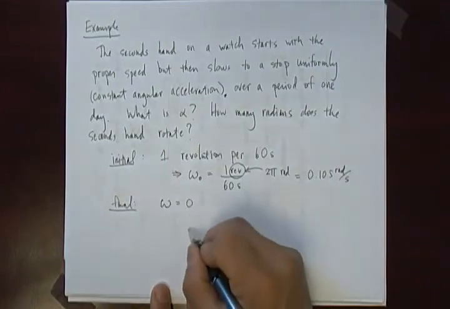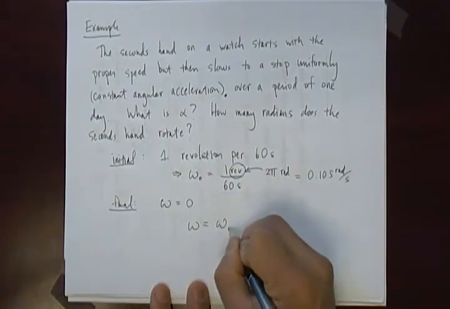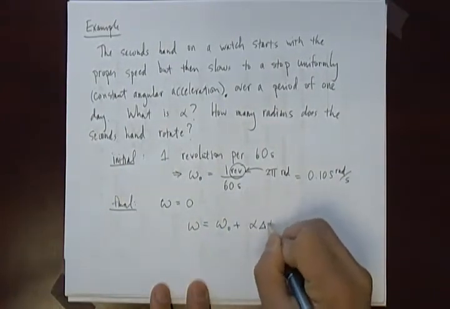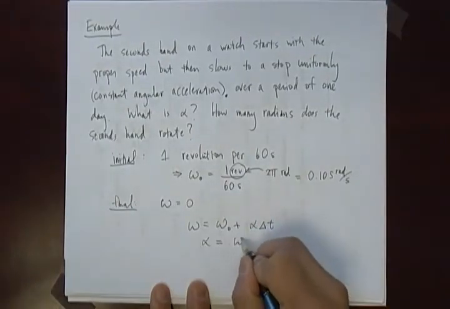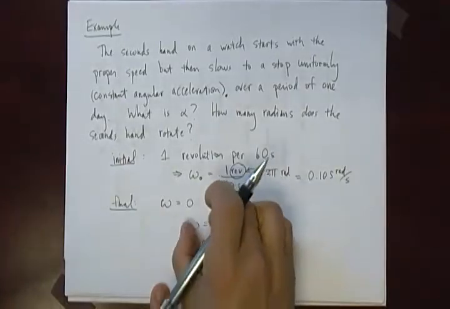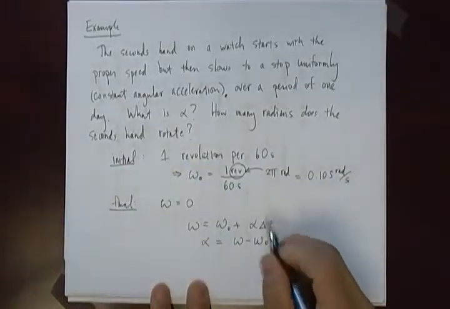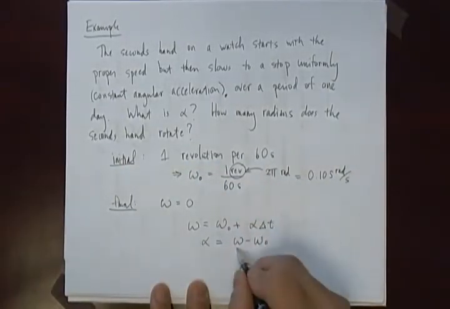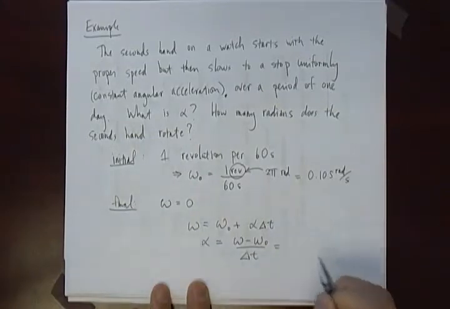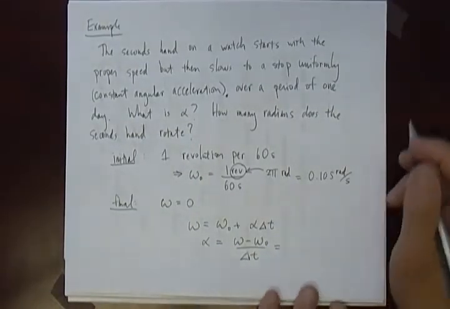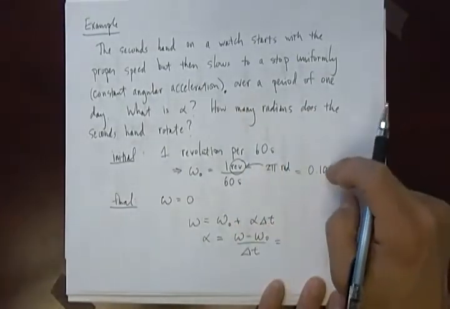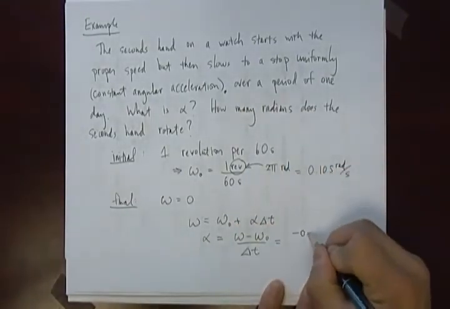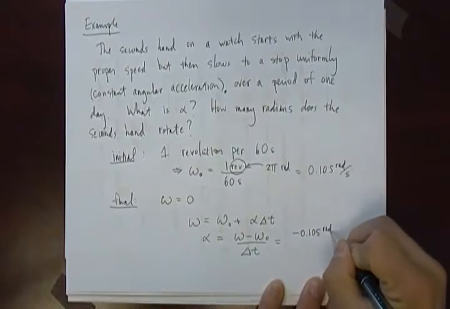Alright, so let's do that. Omega is equal to omega naught plus alpha times delta t. So alpha is equal to omega minus omega naught, bringing these to the same side, and then dividing by delta t. Now omega was 0. Omega naught is 0.105, so we get 0.105 with a minus sign.